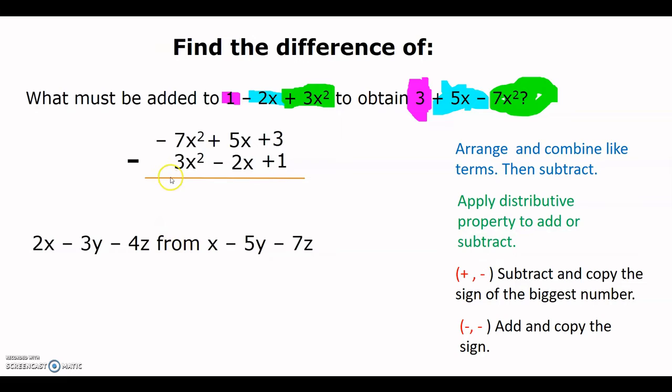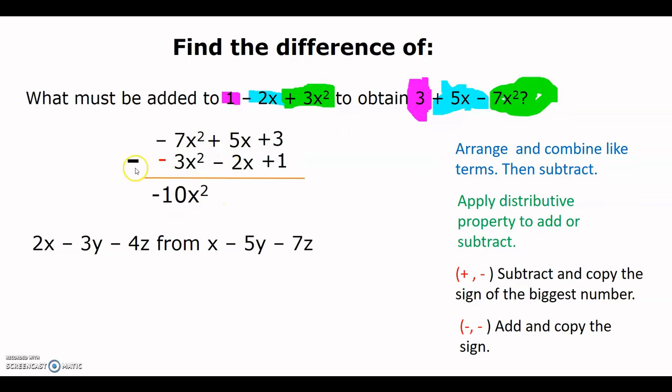So this time, our positive 3x squared will be negative because positive times negative is negative. As you notice here, they have the same sign, or like sign, so we will add and copy the sign. 7 plus 3 is 10, so negative 10x squared. The variable and the exponent are not affected at all.